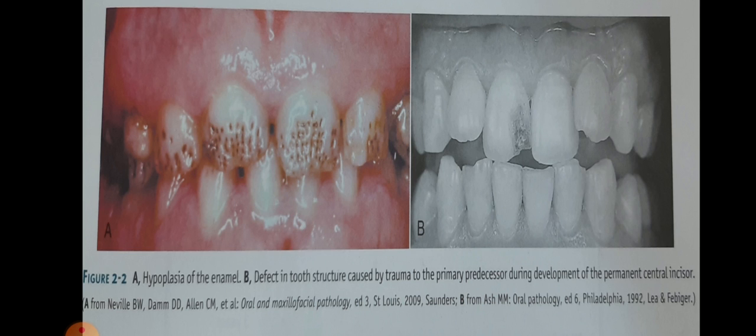Dental anomalies are seen most often with third molars, maxillary lateral incisors, and mandibular second premolars. Abnormally shaped crowns, such as peg laterals and mandibular second premolars with two lingual cusps, present restorative and space problems respectively.